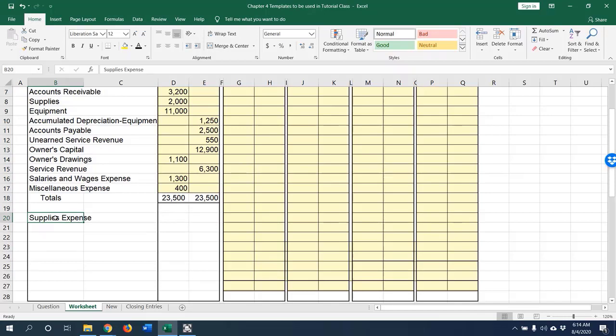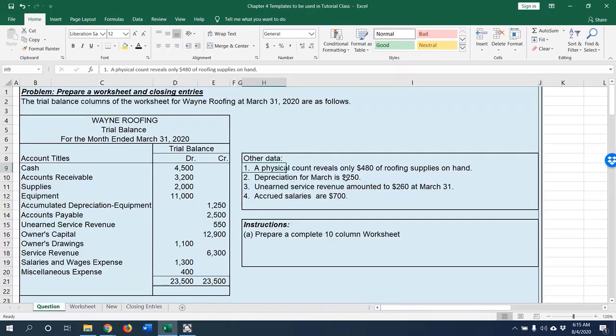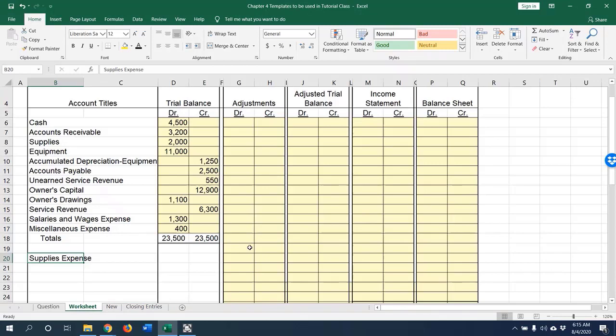What should be the value of our supplies expense, or how much supply should be recorded as an expense? Very easy. How much supplies did we have previously? We had 2,000 of supplies. Right now we have only $480. So previously it was 2,000 and now it is 480.